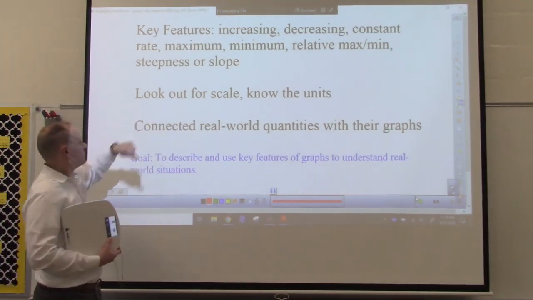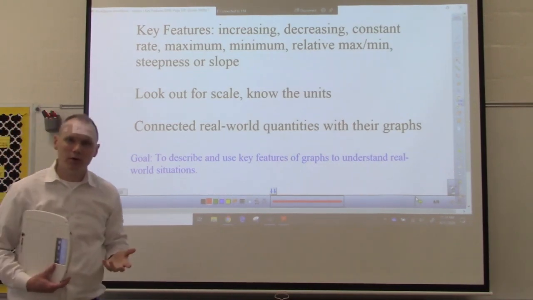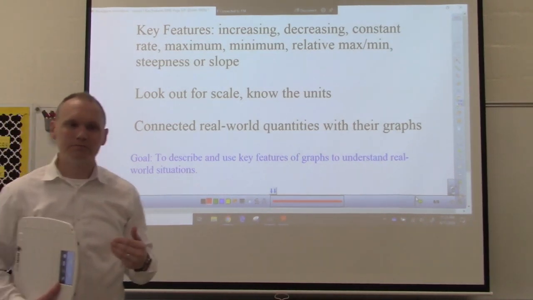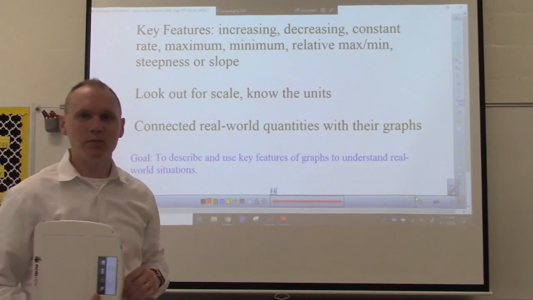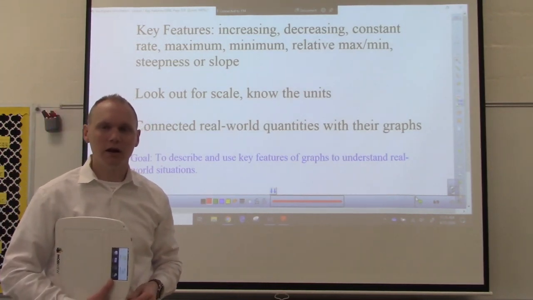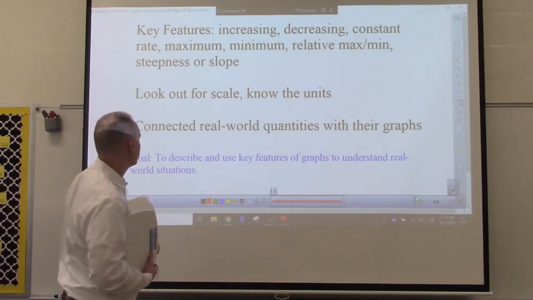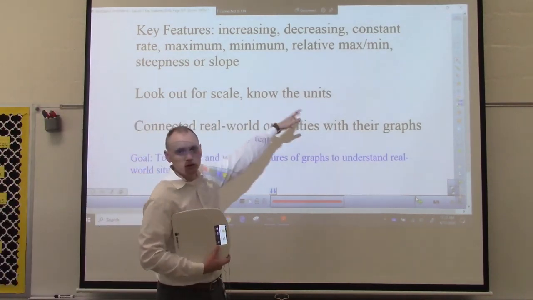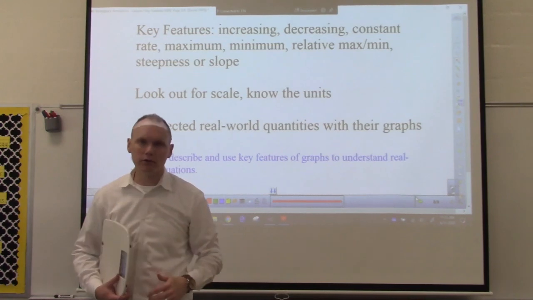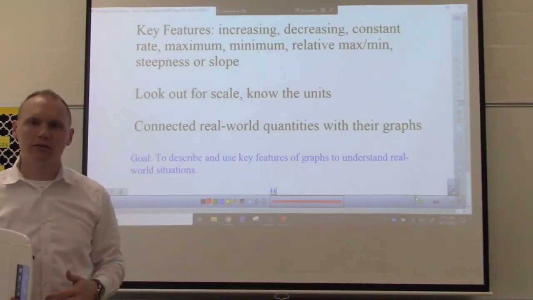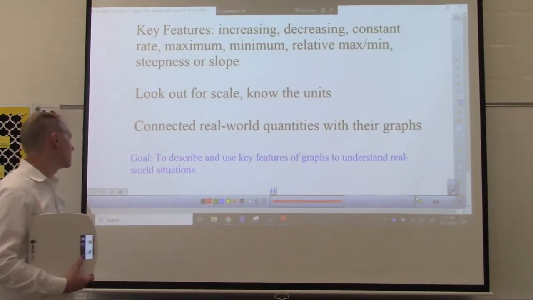We also talked about looking out for the scale and how that can be important and sometimes push you in the wrong direction. It can be deceiving in terms of the graph. Also know your units. What are the units involved in this graph, and how does that play into things?